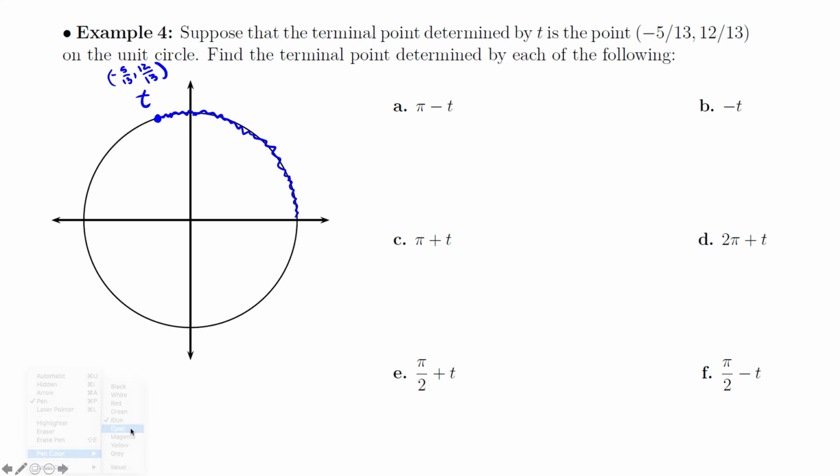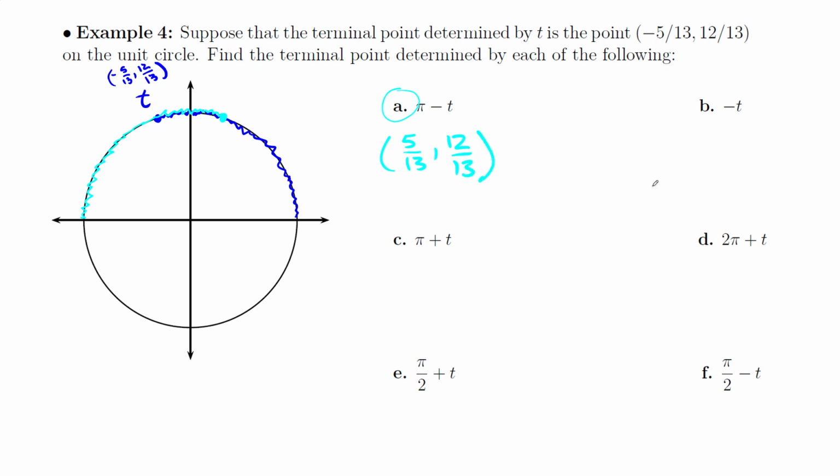Switch my pen color up here. So pi minus t, I'm going to go pi, and then I'm going to backtrack t, which again would be a full quarter of the circle plus a little extra. And when I do that, it certainly seems like their y values are the same and their x values are opposites. So that would mean I'd be at 5/13, 12/13.